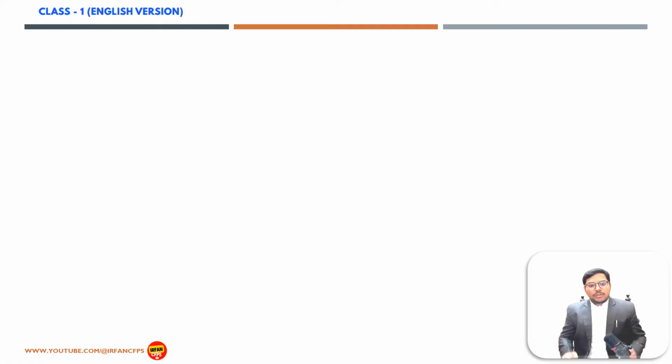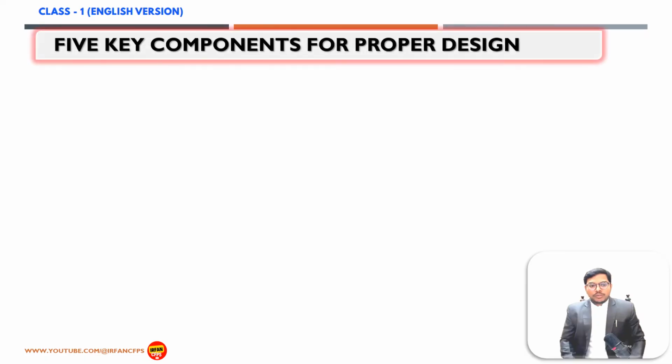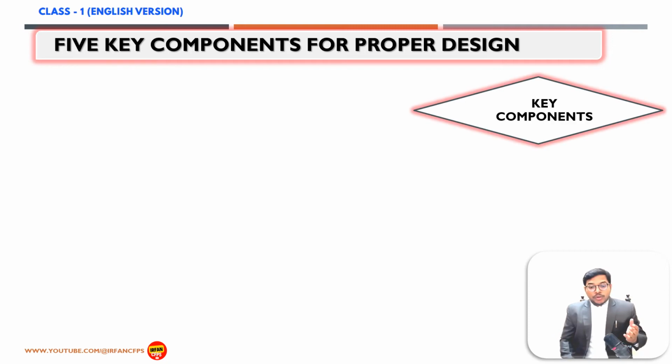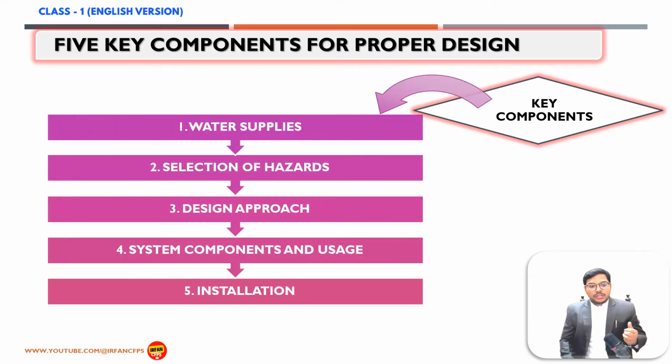Now let's have a look at the most important topic of today's class, the five key components for proper design and analysis. The five key components are: number one, water supplies; number two, selection of hazards; number three, design approach; number four, system components and usage; and number five, installation.